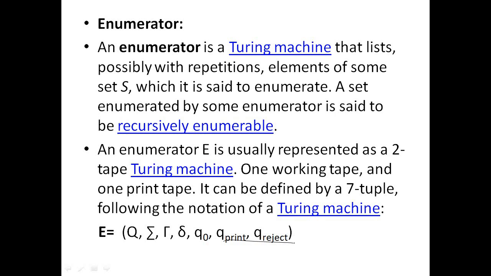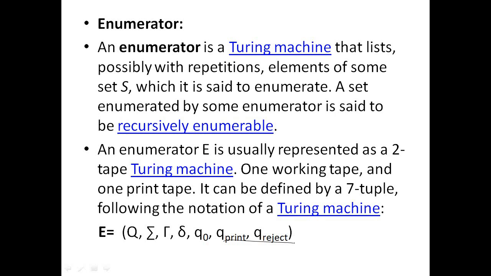Every enumerator Turing machine has two tapes: one working tape and one print tape. The working tape is used to perform the read operations. The print tape is used especially to print the data, so the second tape works for taking the printout.